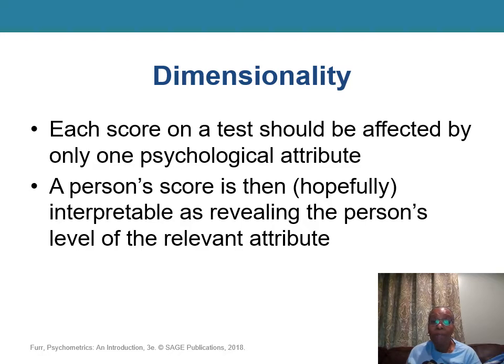The second type is called the multidimensional test, with correlated dimensions. Here we're looking at how the items reflect more than one psychological attribute. Multidimensional tests with correlated dimensions will produce a variety of different scores. Basically, each subtest alone will be considered unidimensional, but the questions are theoretically uniform.